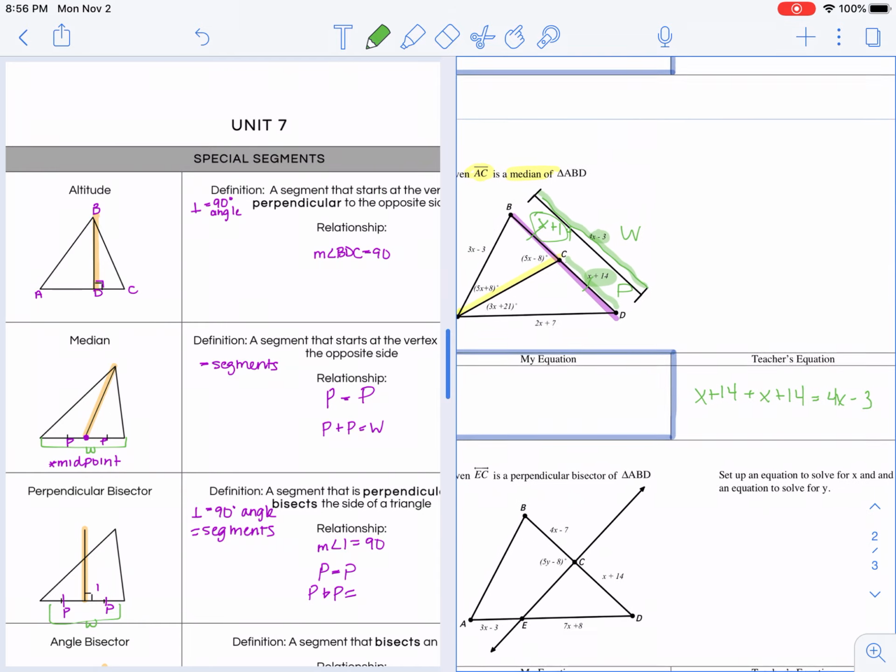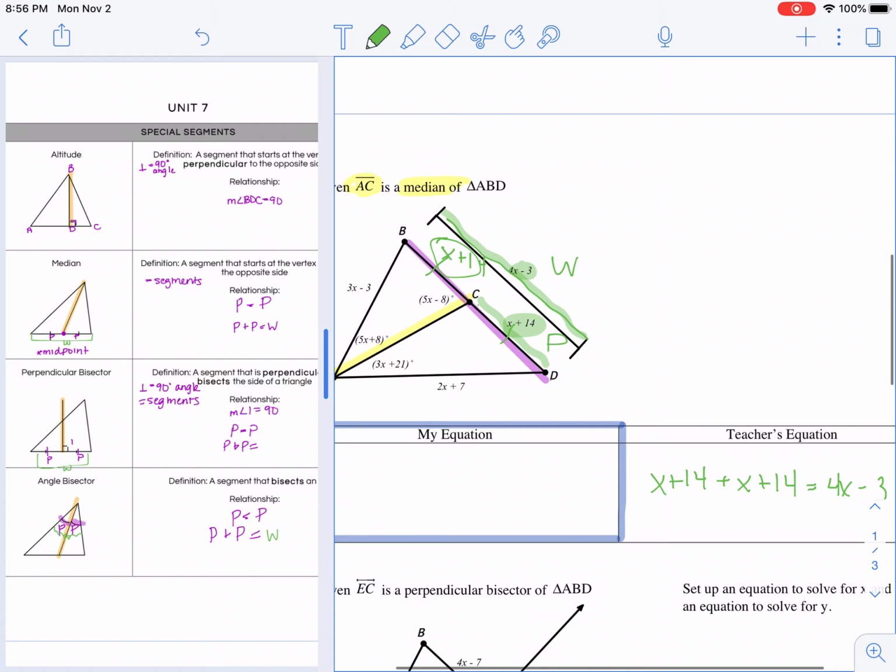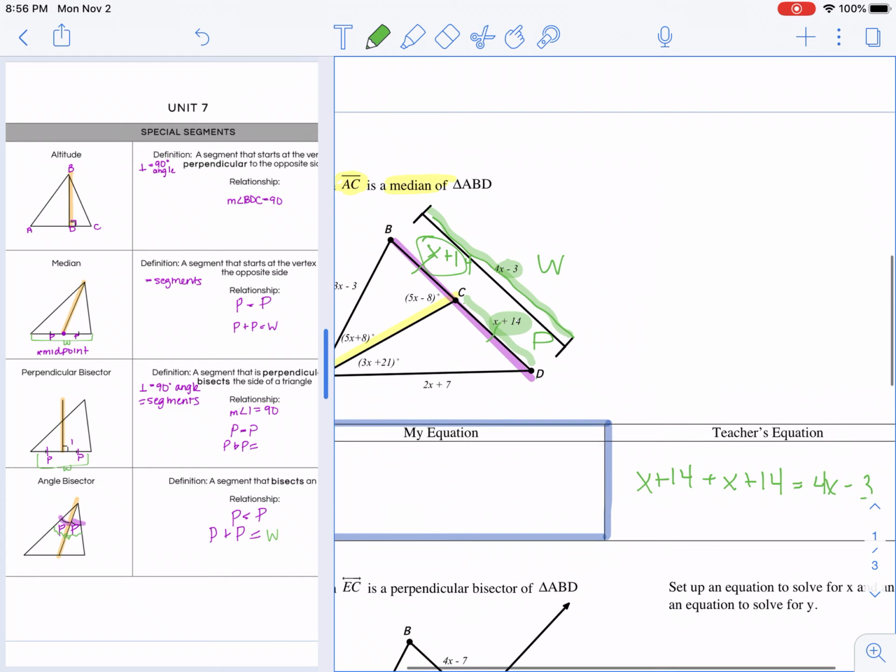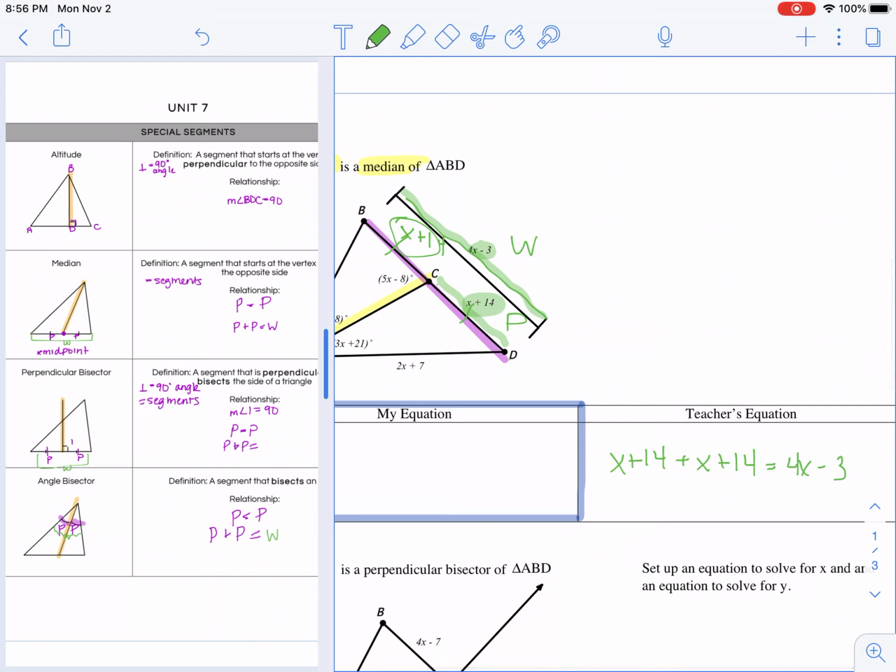So really all that I've done here is used my segment addition postulate, my part plus part equals whole. We learned those all the way back in August in Unit 1. But now that segment is just a side of a triangle. And even though the segment is the side of a triangle, that doesn't mean that we can't use the segment addition postulate. It's still important. It's just in a new context, not necessarily anything new.